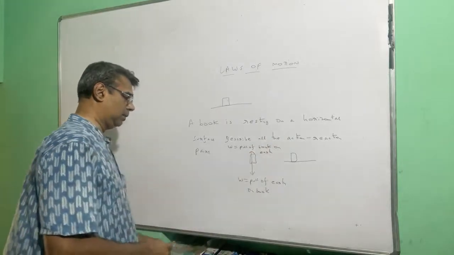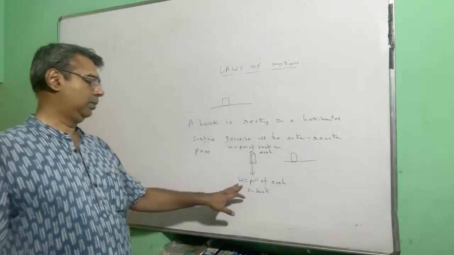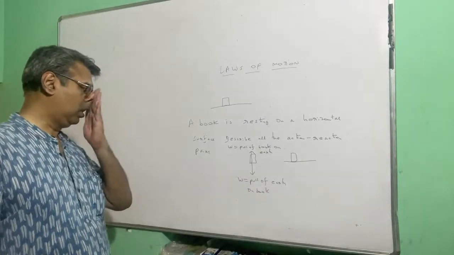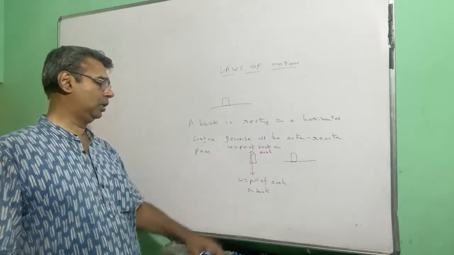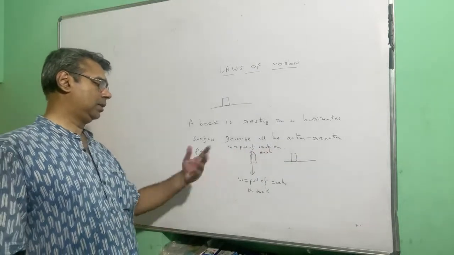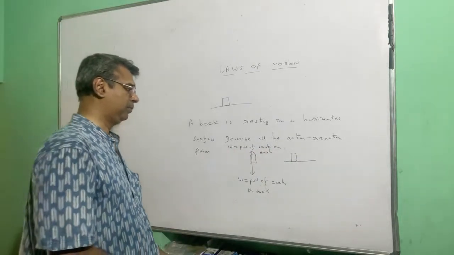Equal and opposite to this. So W is the pull of the earth on the book, and equal and opposite to this W will be W, the pull of the book on the earth. So this W and this W will be equal and opposite of each other.